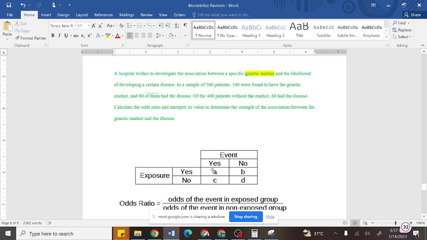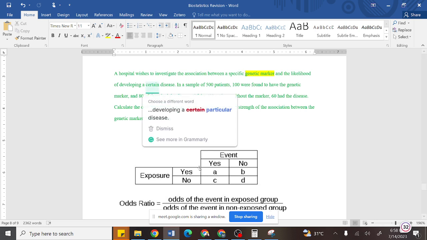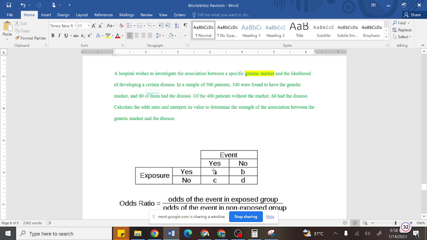They have the genetic marker and then they got the disease. How many are they? Yes, 80. So you put your 80 under A.